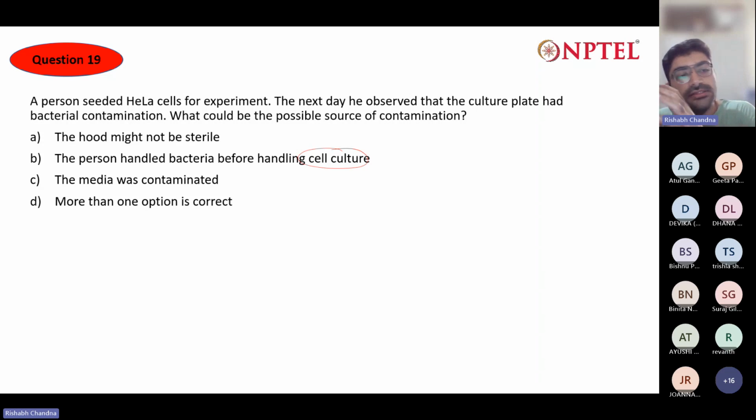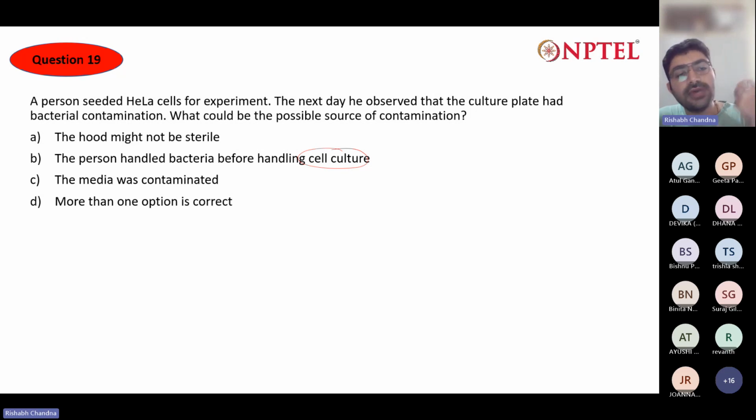Like we generally do in our labs, whenever we touch any animals or have experiments with bacteria, we do not handle cells after that, because there is a high chance that after handling bacteria or animals, some contamination will go into the animal cell culture. So after handling anything that is non-cellular or non-animal cellular, we have to wash everything, or wear new clothes, and sometimes bathe, and then handle animal cell culture.